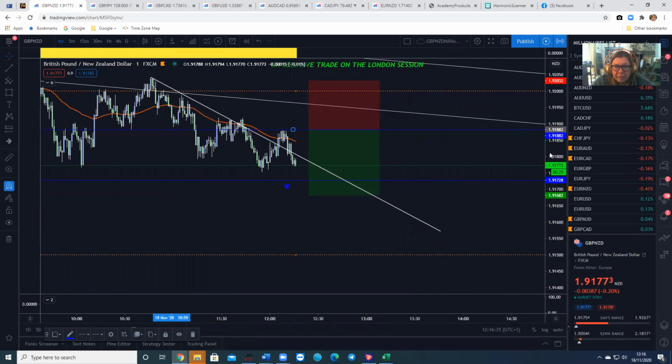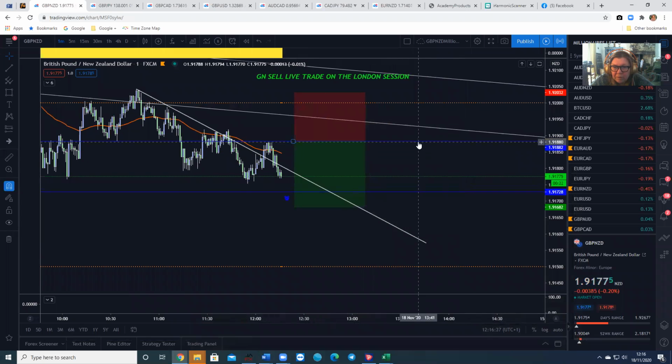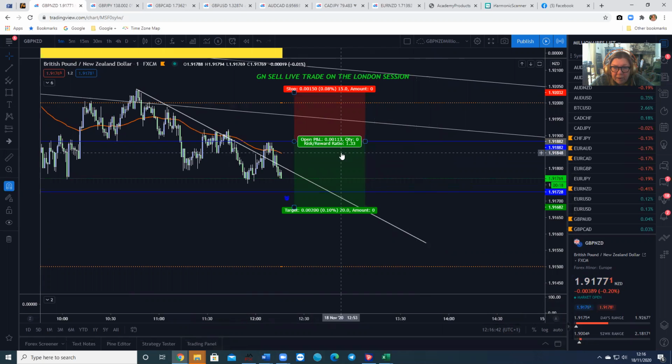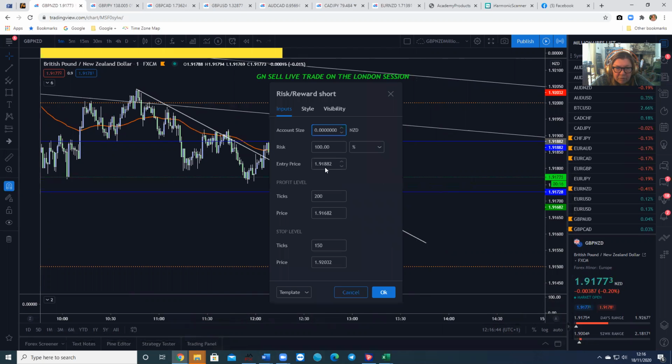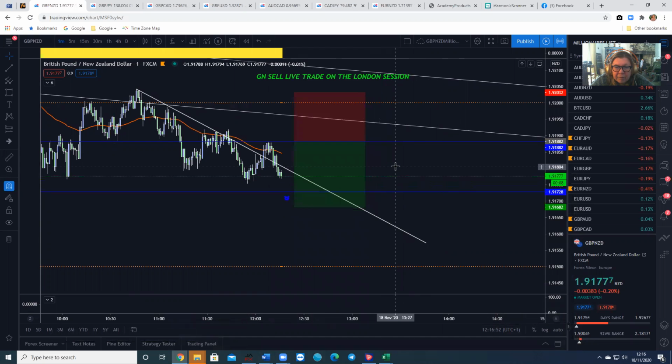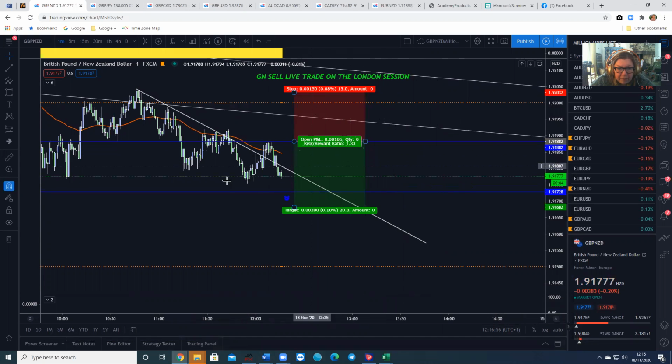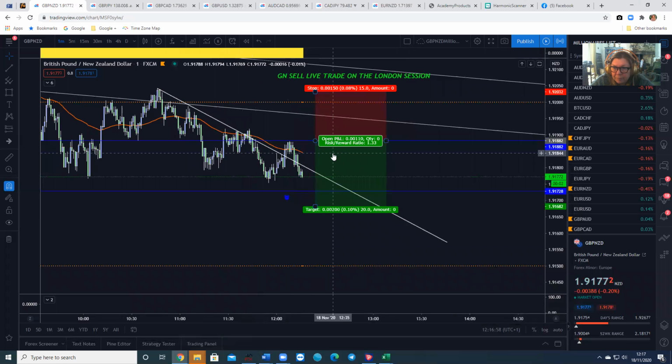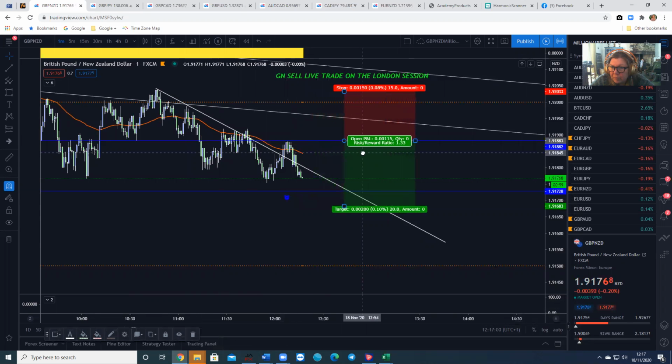So that now is just going to be, as I got in at the entry price I had, I'm exactly on entry, because I've moved it on the cTrader.